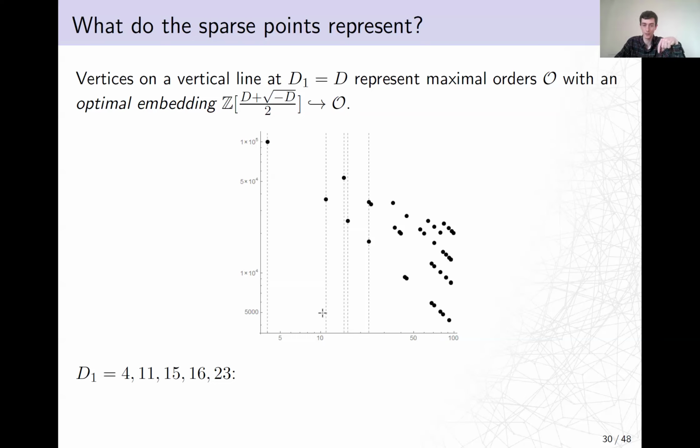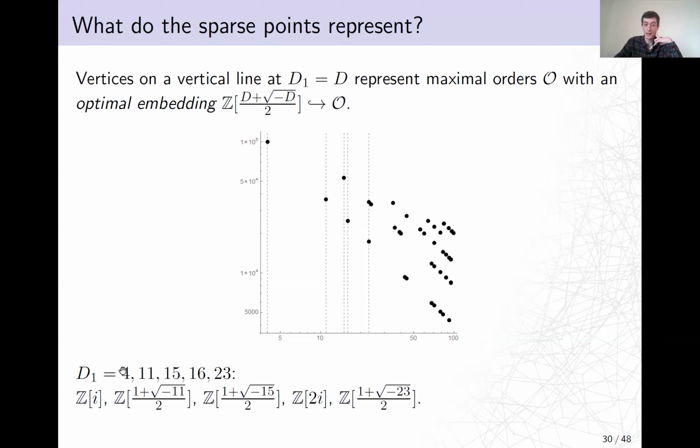Likewise here, there's a line at d1 equals 11, one at d1 equals 15. Here's one at d1 equals 16. So the quadratic order with discriminant minus 16 is actually Z adjoin 2i. So for each of these lines, 4, 11, 15, 16, 23 that I've drawn, I get embeddings of these various quadratic orders, Z adjoin i, Z adjoin 2i, or ones with various different discriminants.